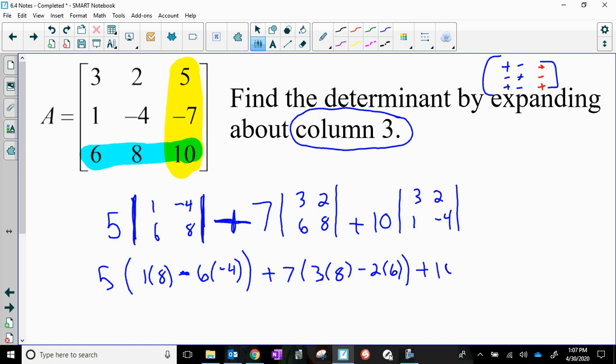And finally, plus 10 times 3 minus 4 minus 2 times 1. I'll go ahead and use brackets here so I can keep track of my order of operations a little bit better.